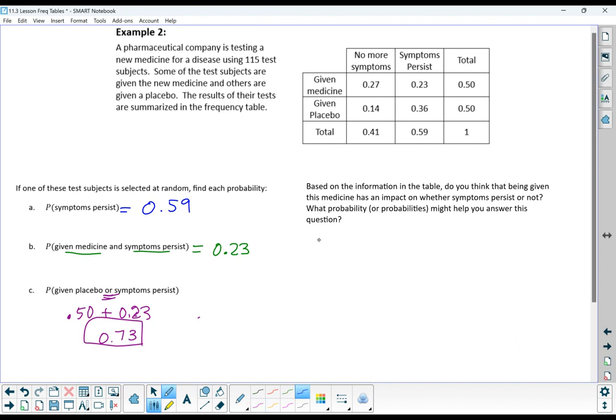Well, something we could think about is what's the probability that they have symptoms still, given that they had medicine, and compare it to the probability that they have symptoms given that they got the placebo. Like, is the medicine making a difference or not?